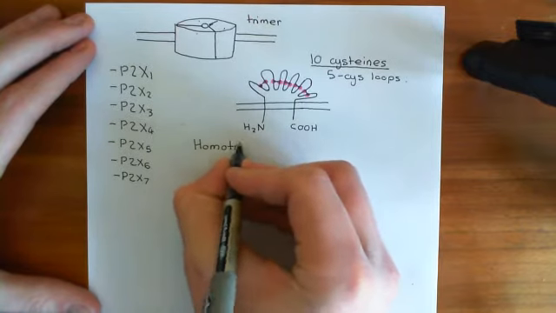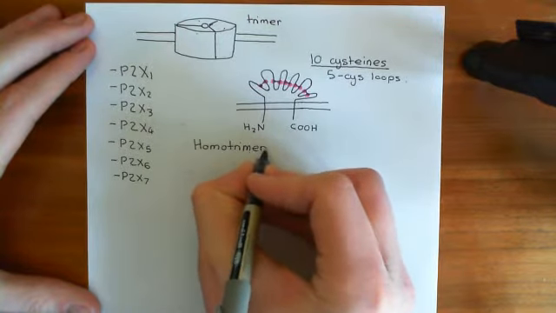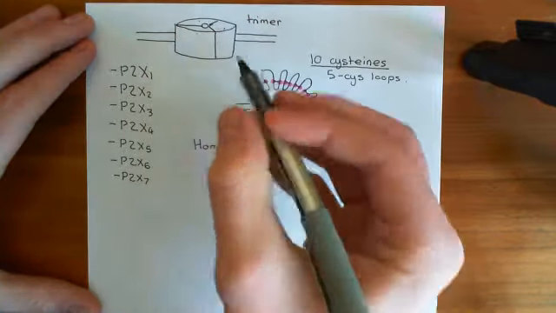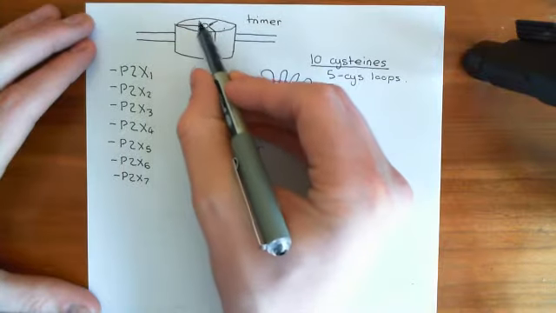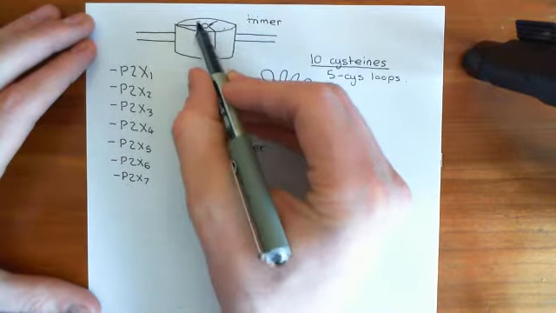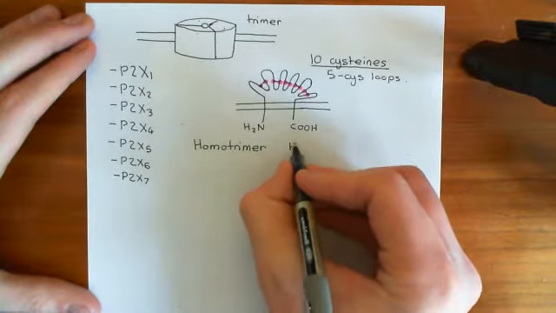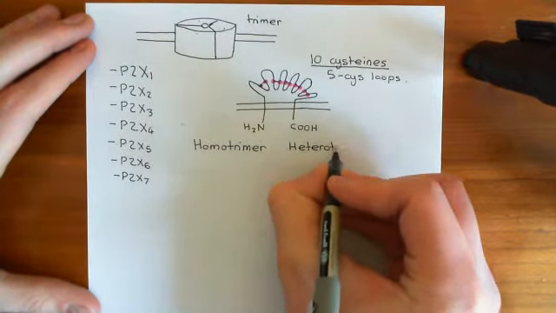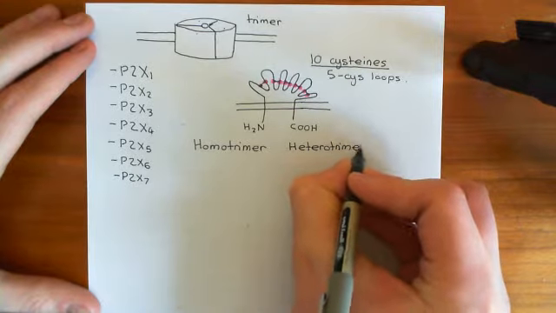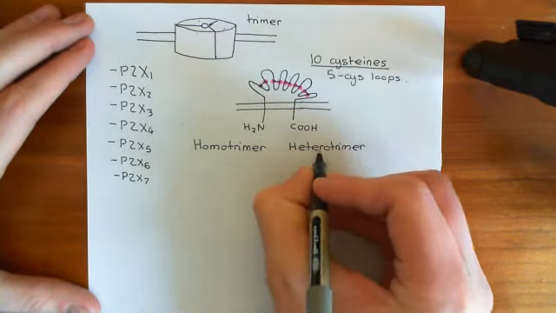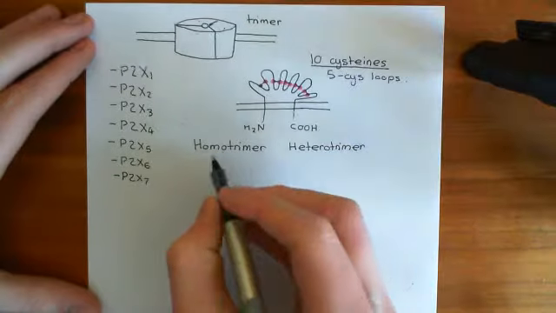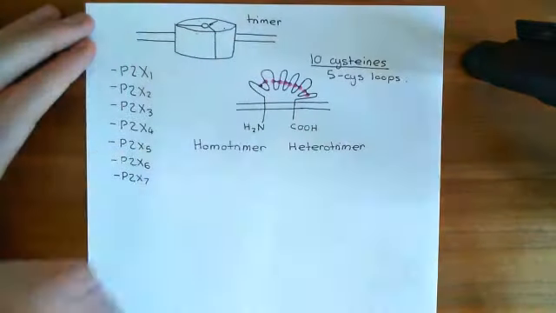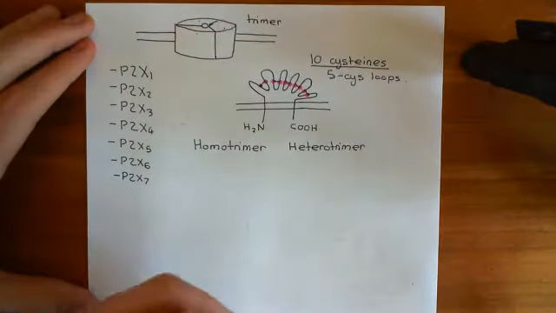That would be called a homotrimer. Alternatively, we could do it more complicatedly. We could use different P2X receptor subunits in different slots, and that would create what's known as a heterotrimer. Hetero obviously means different, so the subunits within the trimer are different. Homo means same, so the subunits within the trimer are the same.